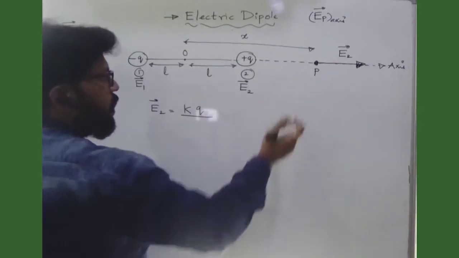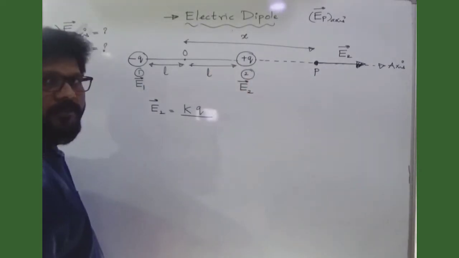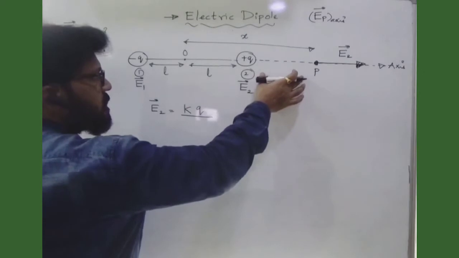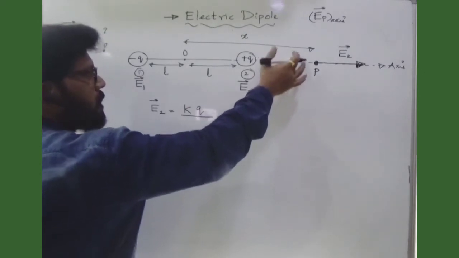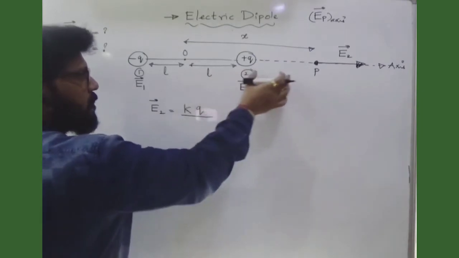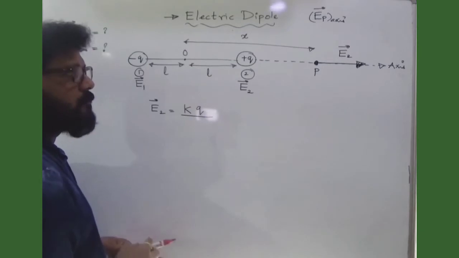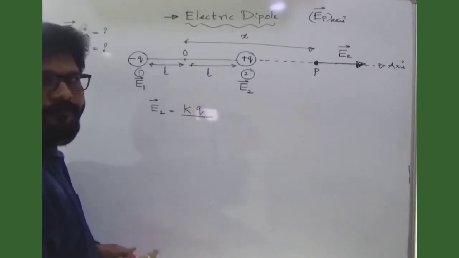where R is the distance of this point from the plus Q charge, the second charge. How much distance? This total distance from the center is x. This is nothing but L. Can you tell me what this distance is? What is the distance from P to the plus Q charge?